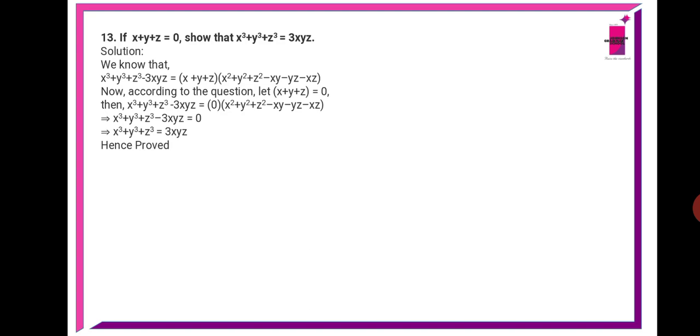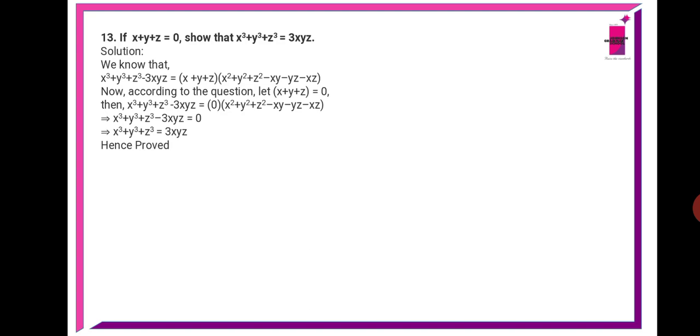If x plus y plus z equals 0, show that x cube plus y cube plus z cube equals 3xyz. Here we are going to take the identity x cube plus y cube plus z cube minus 3xyz equals x plus y plus z into x square plus y square plus z square minus xy minus yz minus zx. So here we know that x plus y plus z equals 0.